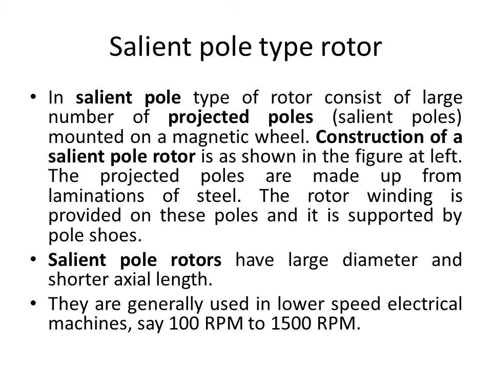Axial length is short and it is generally used in lower speed electrical machines, say 100 rpm to 1500 rpm. So the salient pole type rotor has larger diameter and shorter axial length and is used for low speed electrical machines.